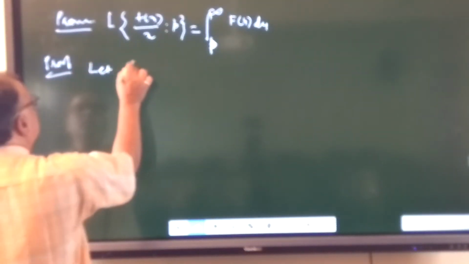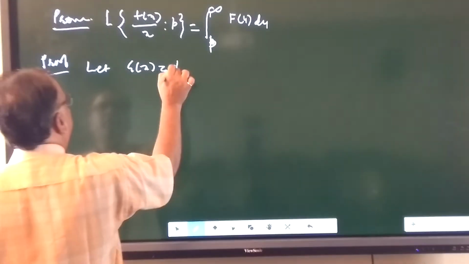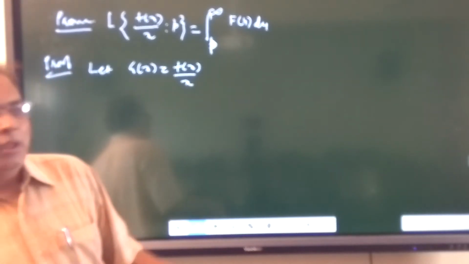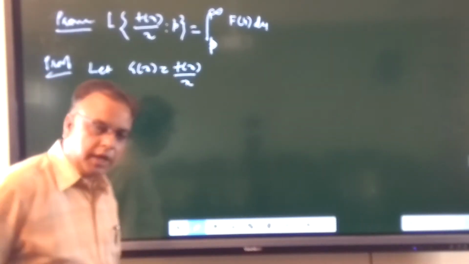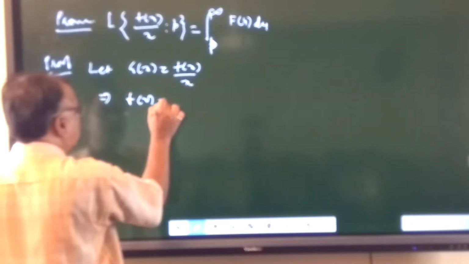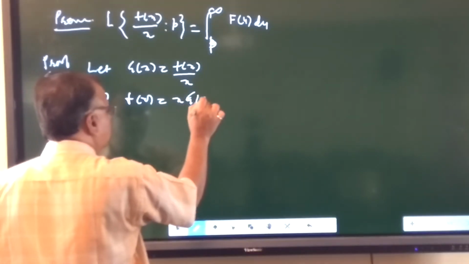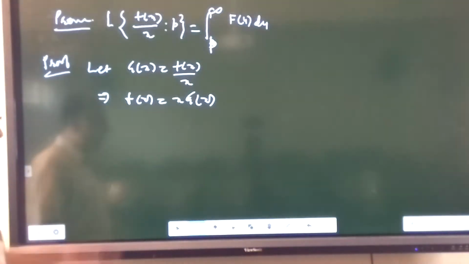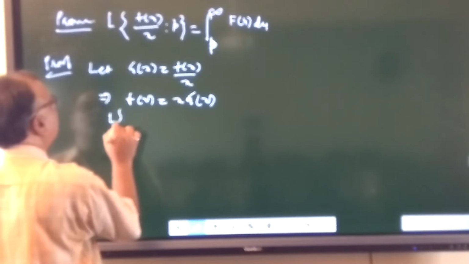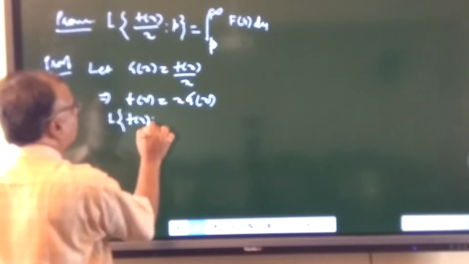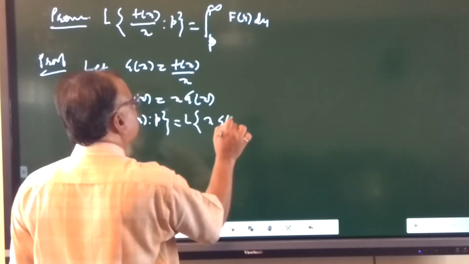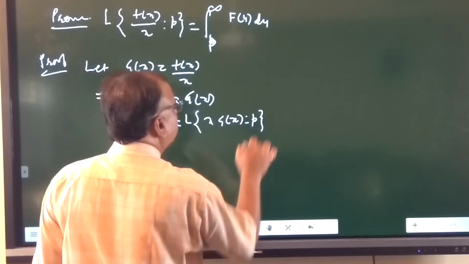Let g(x) is equal to f(x) upon x. We assume another function g(x) which is equal to f(x) upon x. So from this we get f(x) is equal to x g(x). If we take the Laplace transformation of both the sides, then the Laplace transformation of f(x) with respect to p is equal to the Laplace transformation of x g(x) with respect to p.